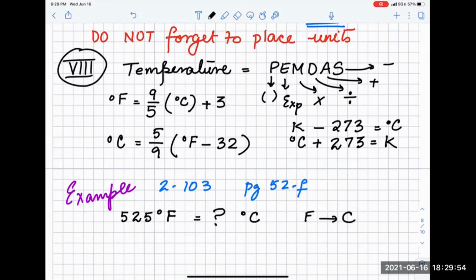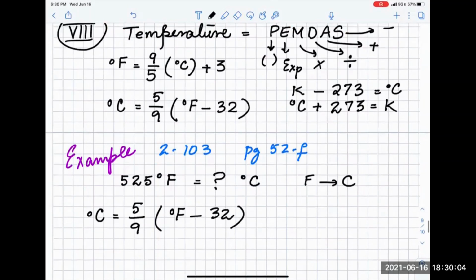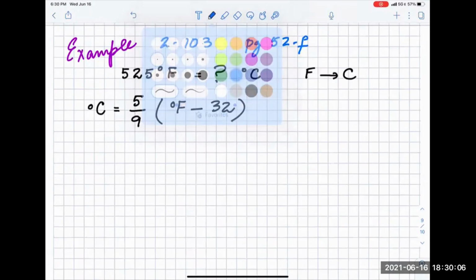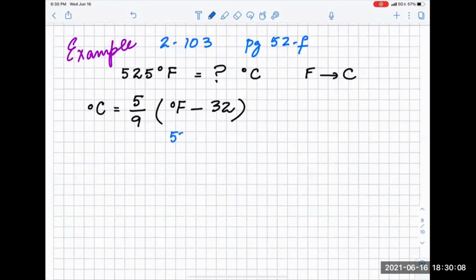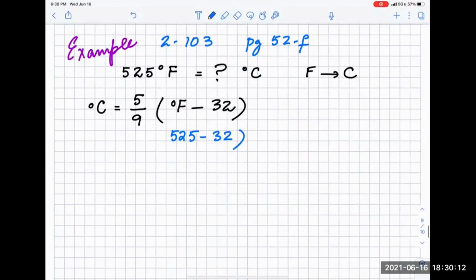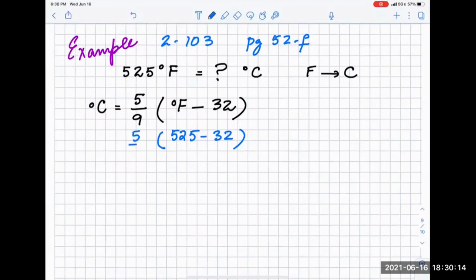You're going to use the formula degrees Celsius is equal to 5/9 times degrees Fahrenheit minus 32. First solve the parenthesis. So write down 525 minus 32. Whatever number you get is multiplied by 5/9. What do you get here?